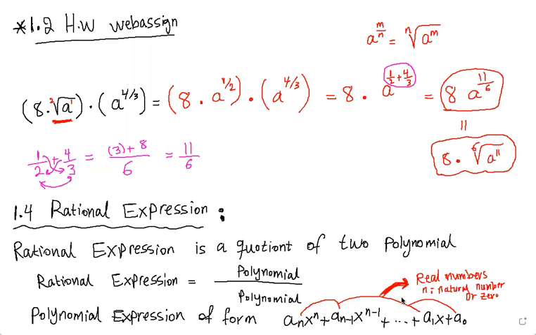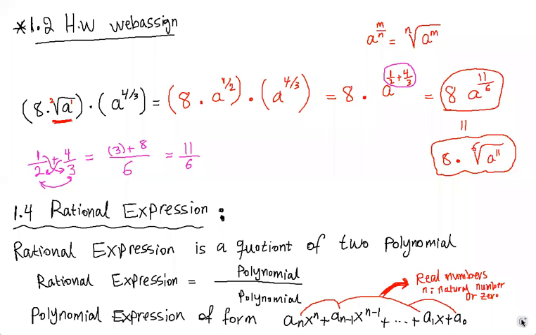So anything of this form is a polynomial. The coefficients a_(n-1) through a_0 are all real numbers, and the n is a natural number or 0. Any question about polynomials and rational expressions?